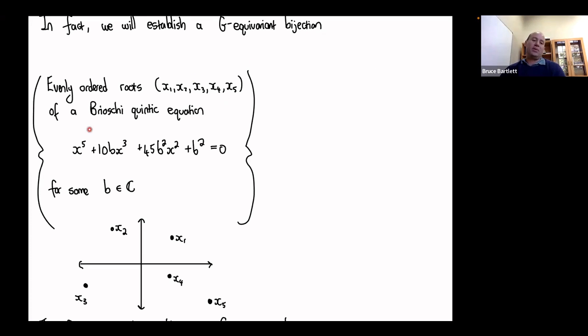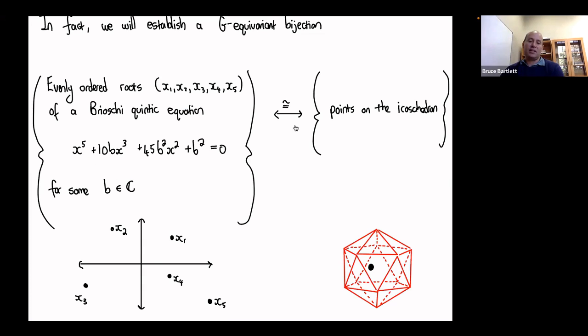The first set is a set of evenly ordered roots of a Brioschi quintic, and the second is the set of points on the icosahedron. So given a point on the icosahedron, I can give you a collection of evenly ordered roots for some Brioschi quintic. That's the fundamental relationship between the quintic and the icosahedron.